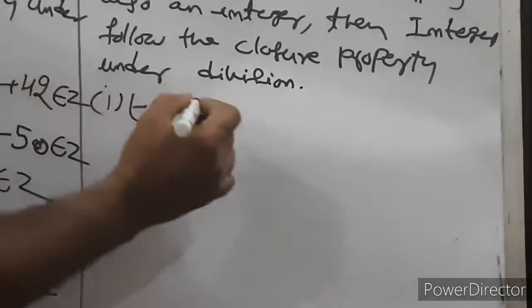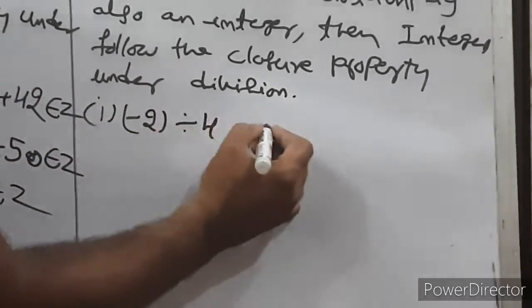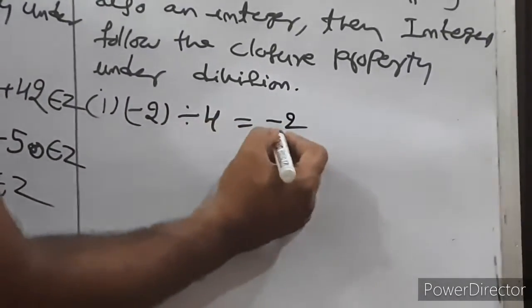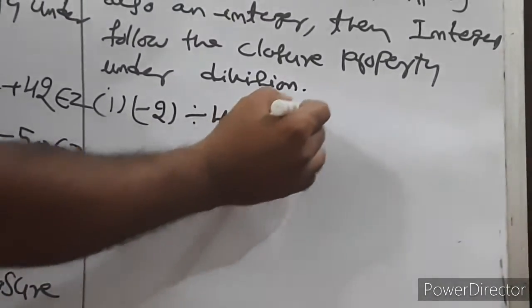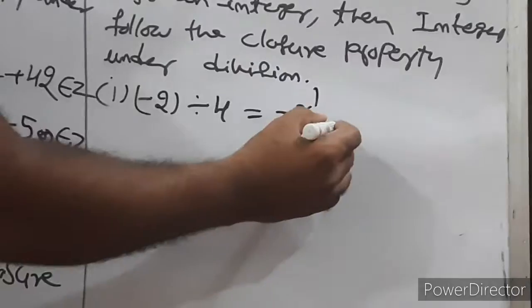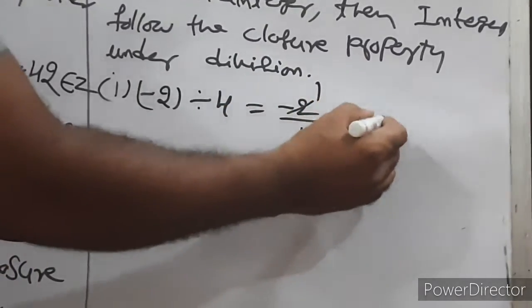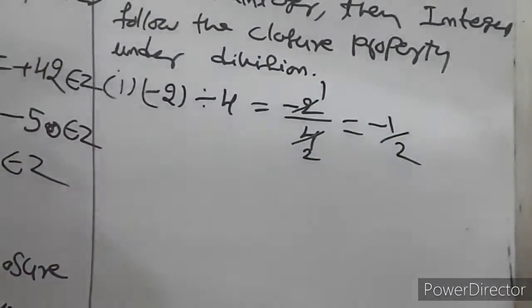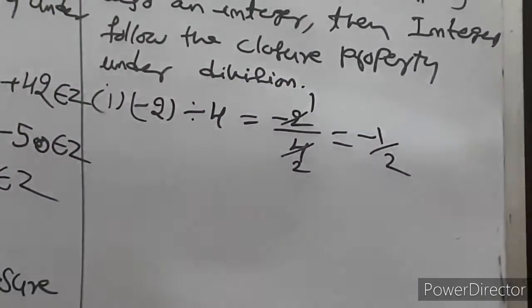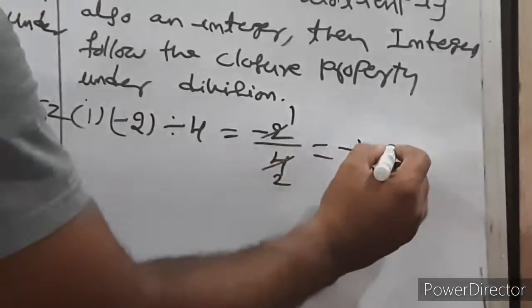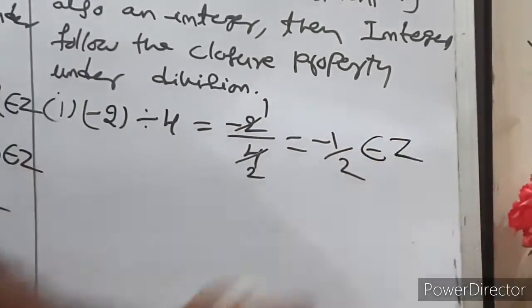That is minus 2 by 4. By cancellation, 2 ones are 2, 2 twos are 4, which is equal to minus 1 by 2. Is minus 1 by 2 an integer? No, it does not belong to integers.